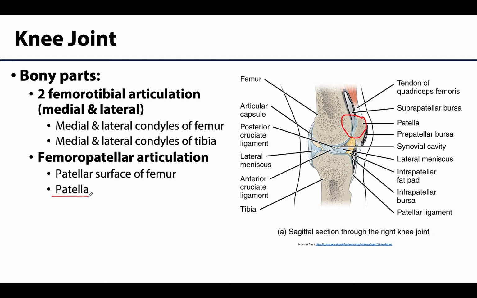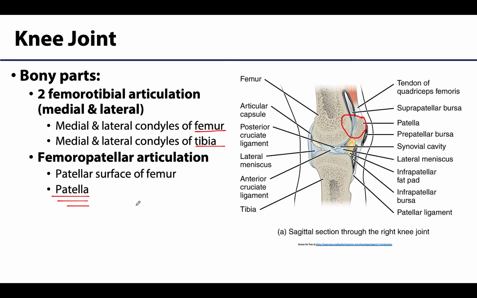Okay, now 2 things I want to note before I move on. One thing that you do not see here: you see the femur, you see the tibia, you even see the patella, but you do not see that other leg bone associated with the knee joint. So the fibula does not play a direct role in the knee joint. Now, some of the collateral ligaments will attach to the fibula, but it is not directly articulating with any of these bones in this region.